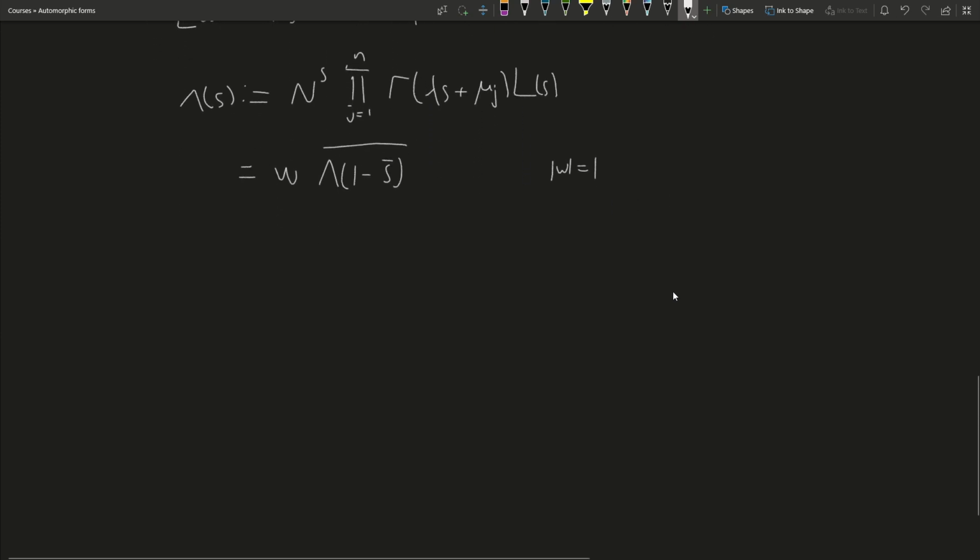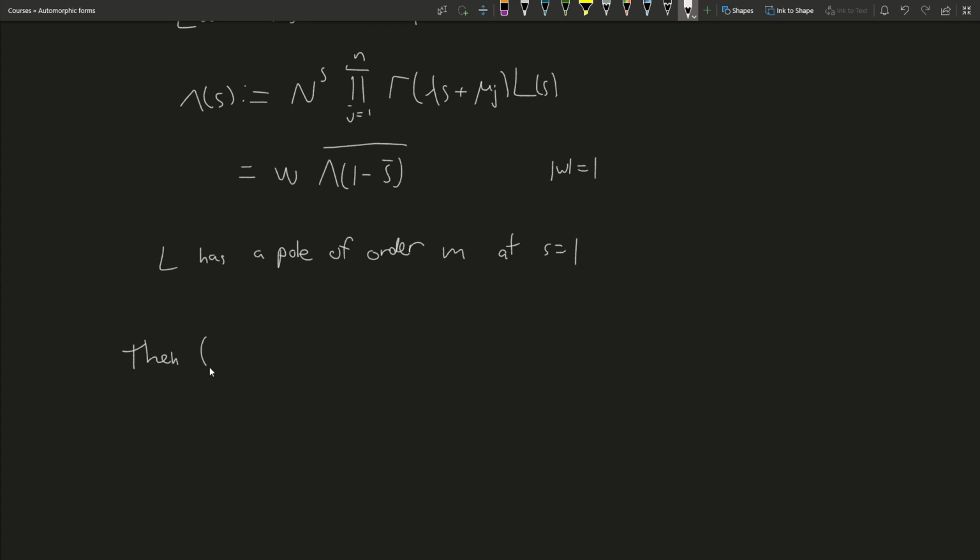And we're also going to assume that L has a pole of order m at s equals 1.